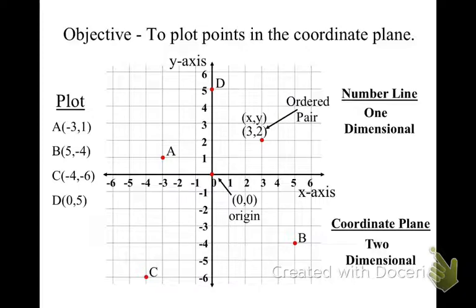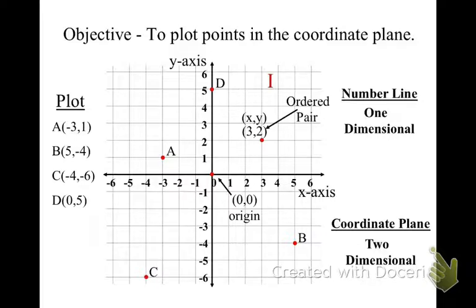Now, we have special names for the 4 different boxes, the 4 different corners. The upper right corner, where both across and up are positive, is called the first quadrant, and we label these with Roman numerals only.